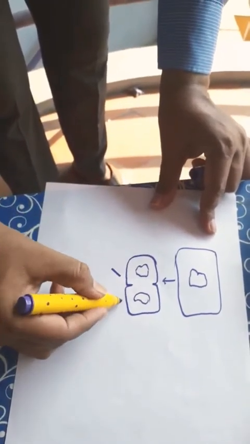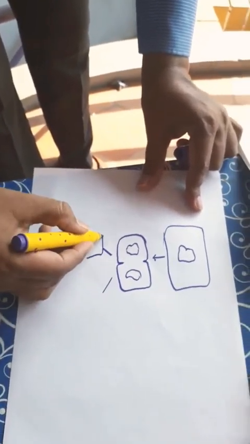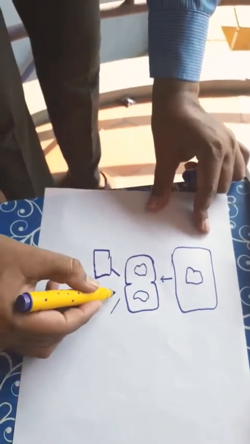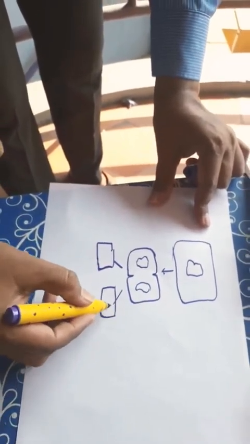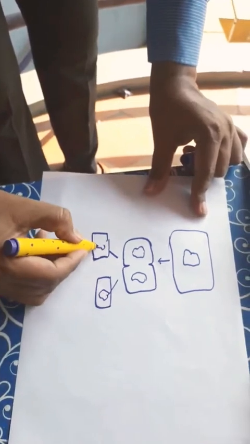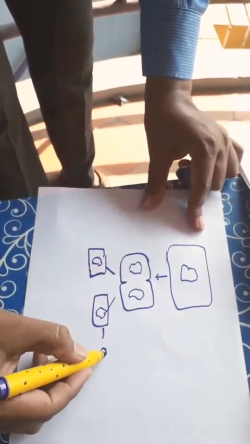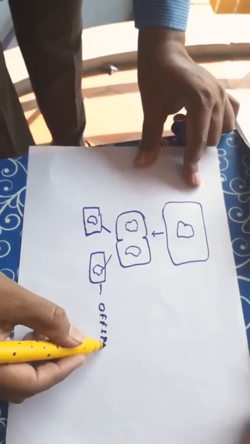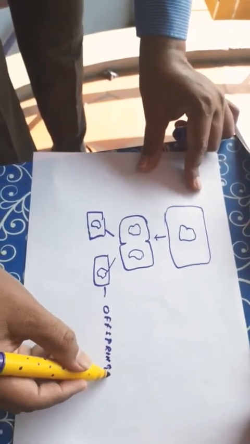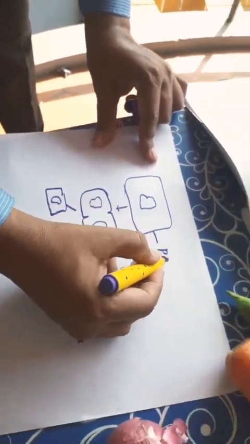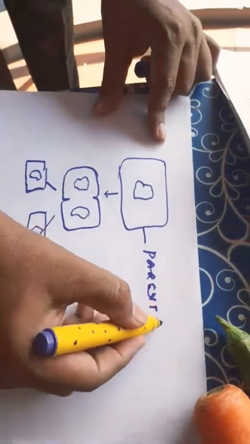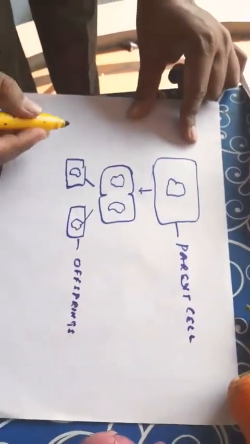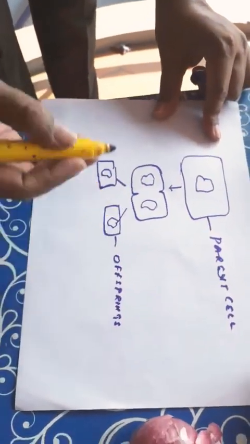Later on we find two cells are produced, which are exactly similar to the parent cell. These are the offsprings, and this is the parent cell. So you see similar living organisms existing here.